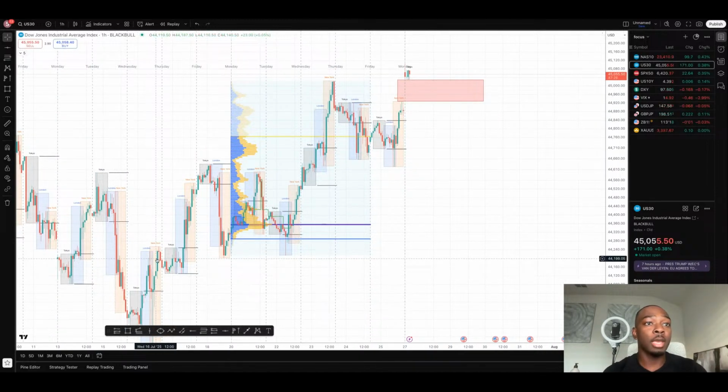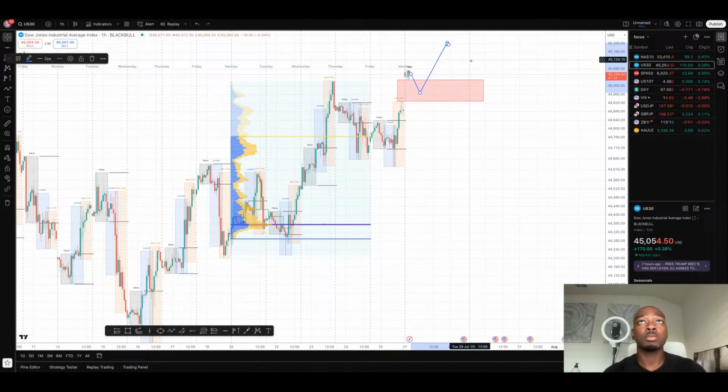So we already passed all-time highs. What we're looking for is price to come back somewhere in this zone. Price comes somewhere back here, then goes up higher. All right.